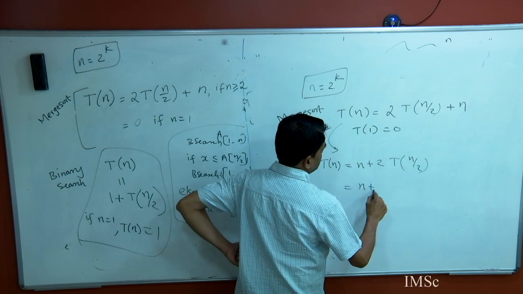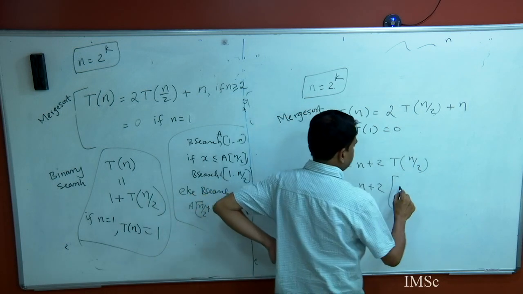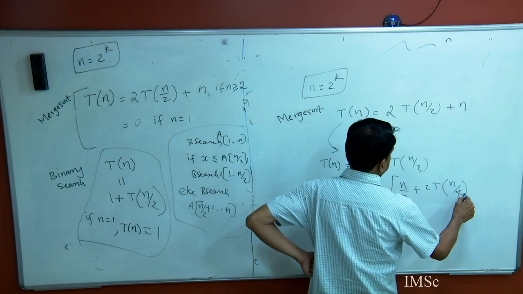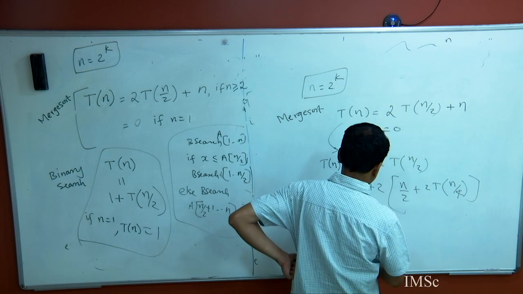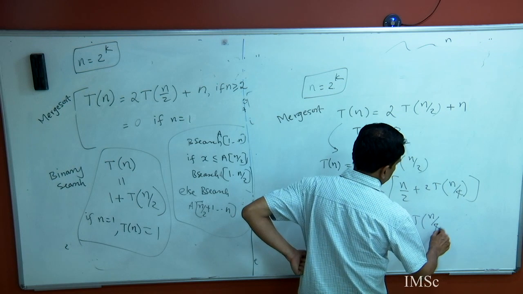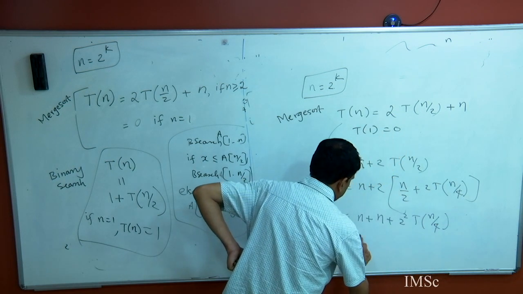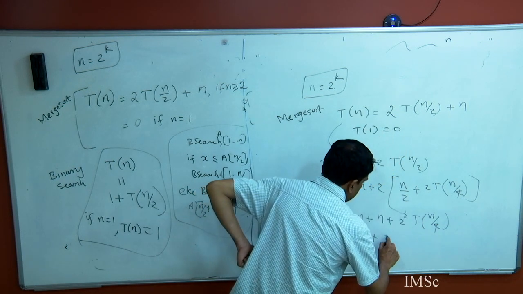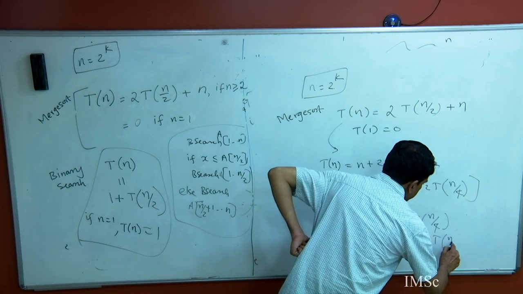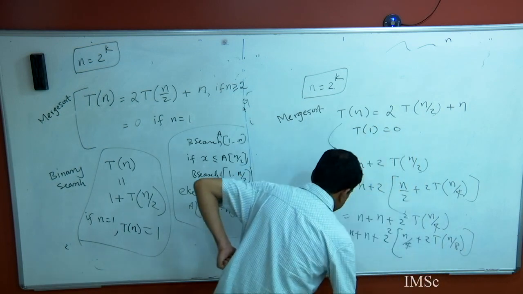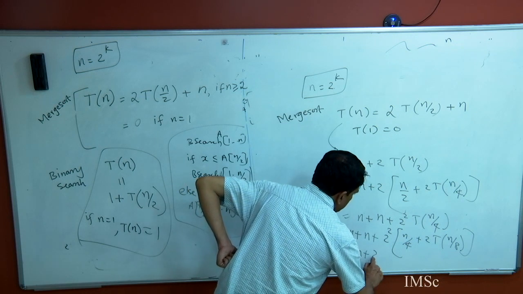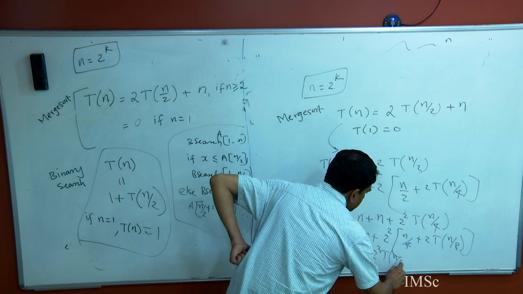And I expand it. What is T of n by 2? n by 2 plus 2 times T of n by 4. So, this is n plus 2 square times T of n by 4. Right. So, if I do one more time, n plus 2 square into n by 4 plus 2 times T of n by 8. So, this will be n plus 2 cubed into T of n by 8.